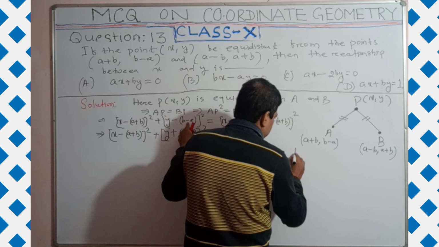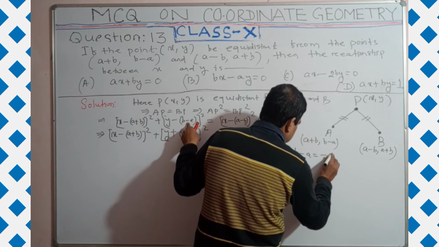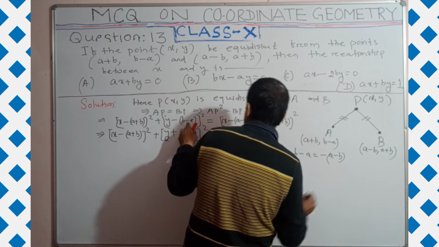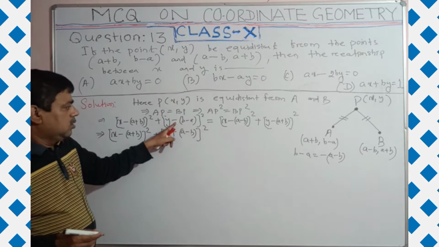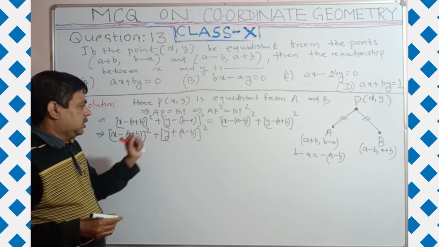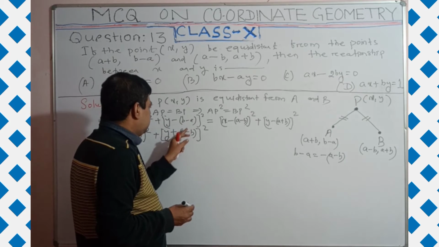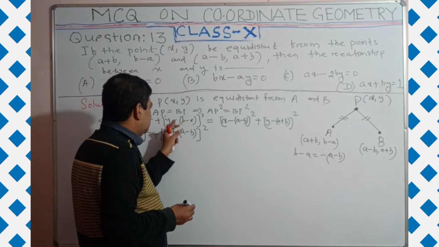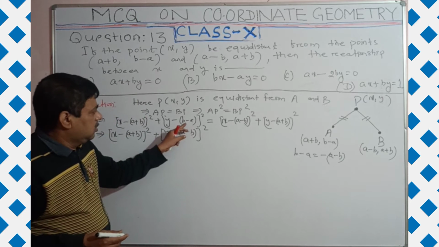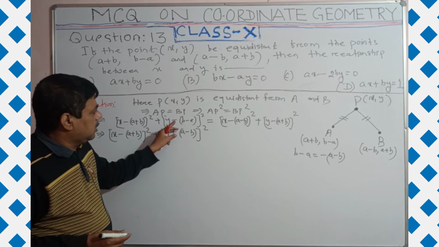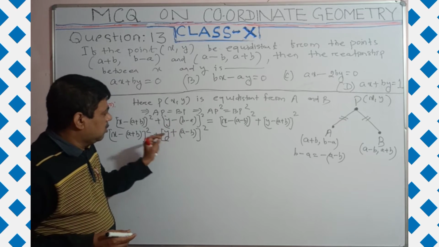So b - a is equal to minus of (a - b), and this minus sign multiplied with the previous minus becomes a plus sign. So here I brought the minus sign as a common factor, and the sign will be plus.